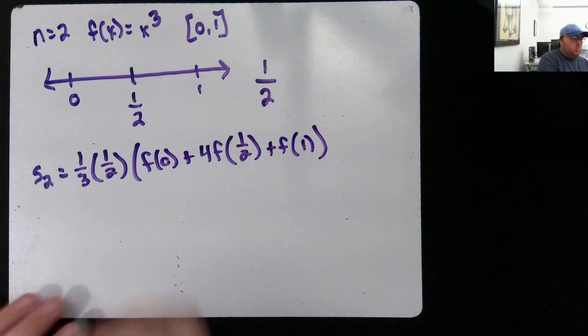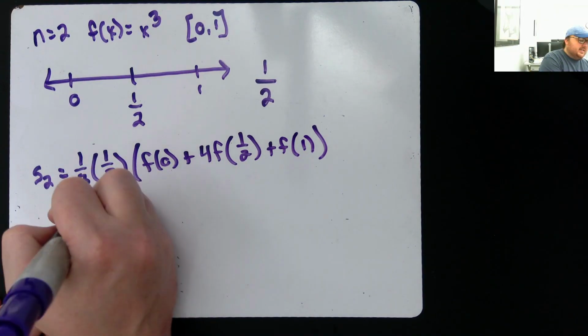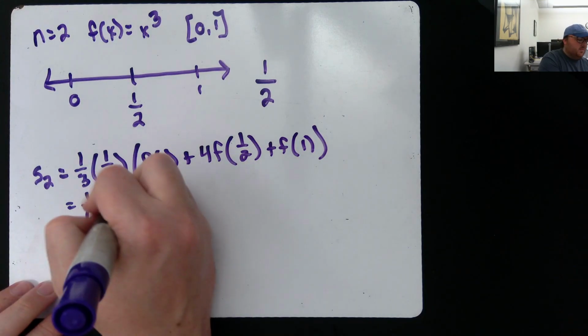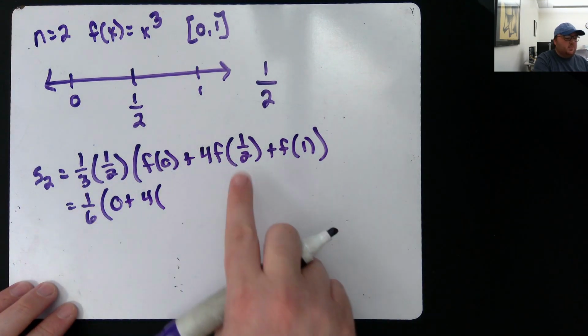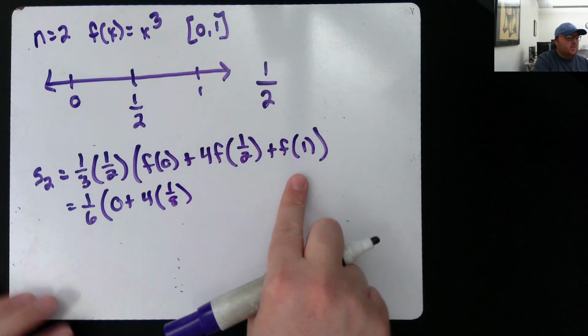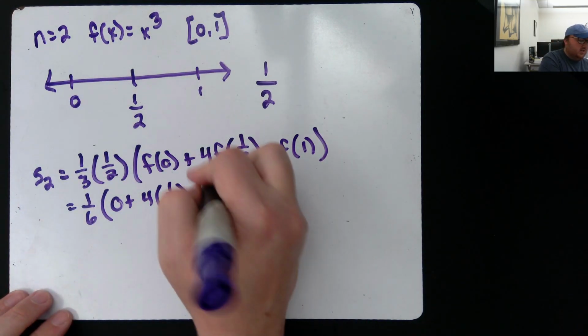And work it out. 1/3 times 1/2 is 1/6. f of 0, 0 cubed is 0, plus 4 times f of 1/2, 1/2 cubed is 1/8, plus f of 1, 1 cubed is 1.